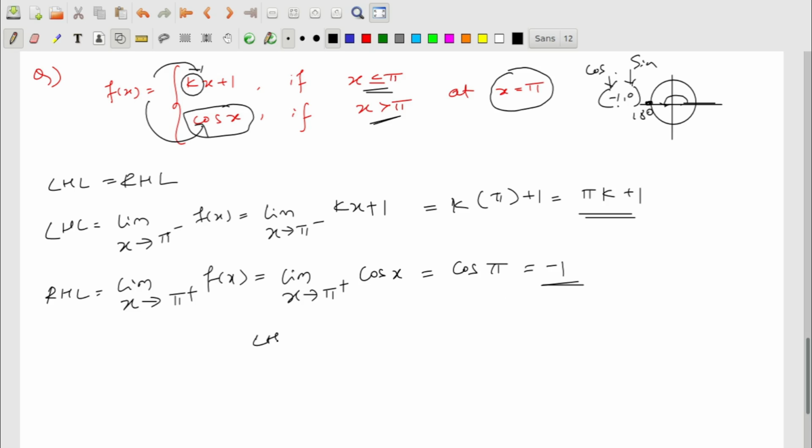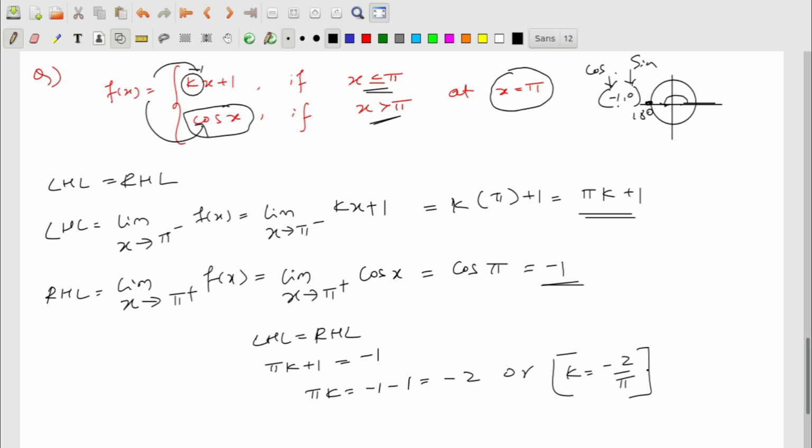LHL and RHL are the same, so you can write pi k plus 1 is equal to -1. So then pi k is equal to -1 -1, that is -2, or you can write k is equal to -2 by pi.